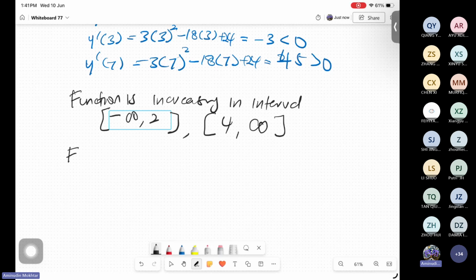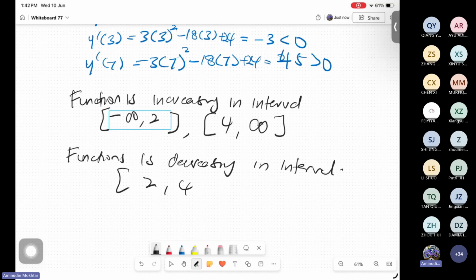But the function is decreasing in the interval, you can refer to page 2, part B, in the interval between 2 and 4.